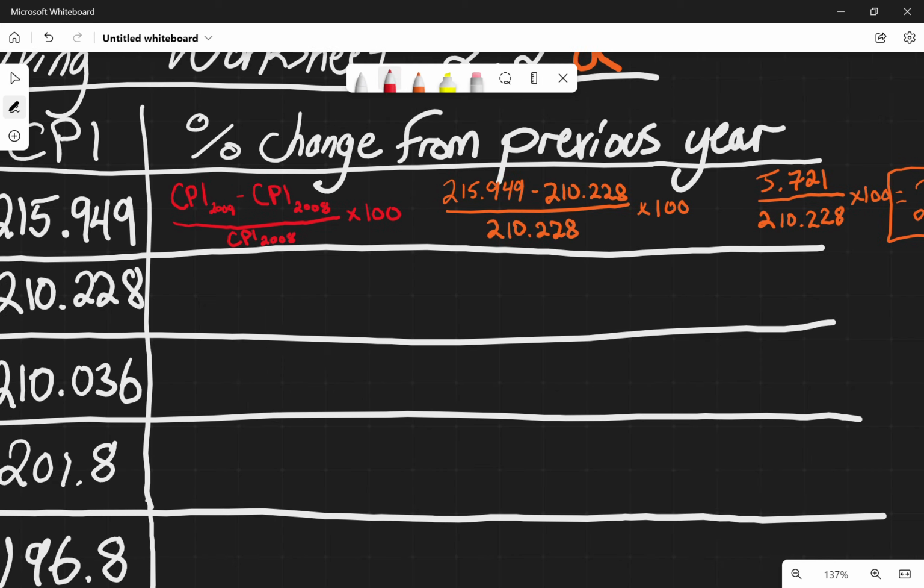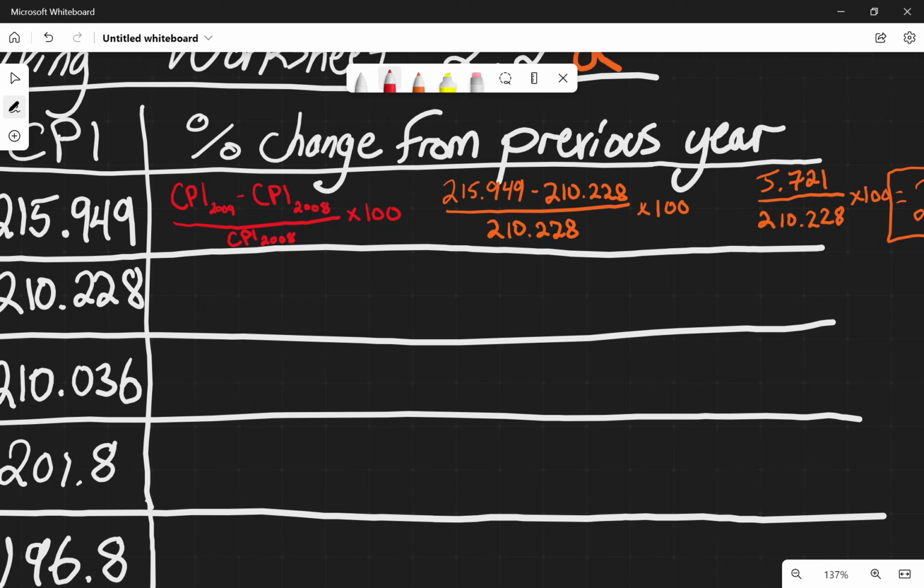Then we're going to divide by 210.036 and multiply all that by 100. We'll walk through this one, and then I'll just give the answers for the rest, and I implore you to check your answers. Try to do these on your own. It should be just some simple arithmetic at this point, if you were unaware of how to do this before.